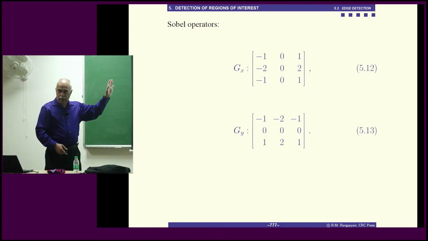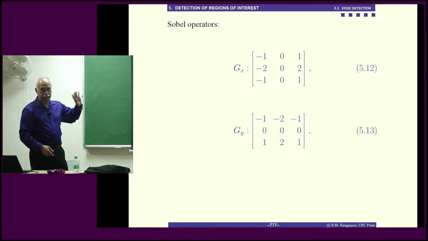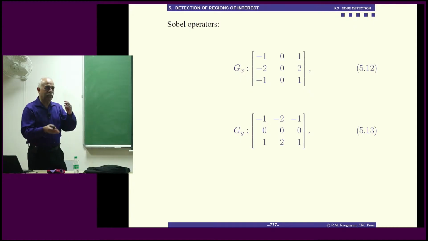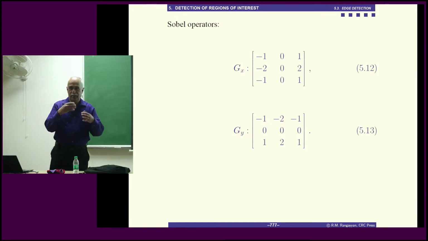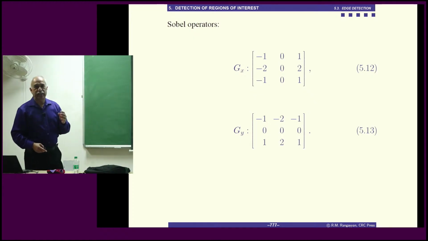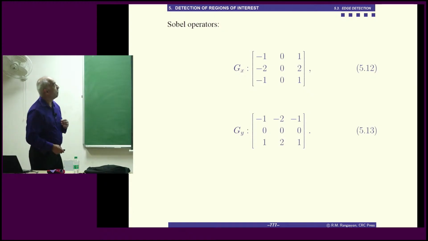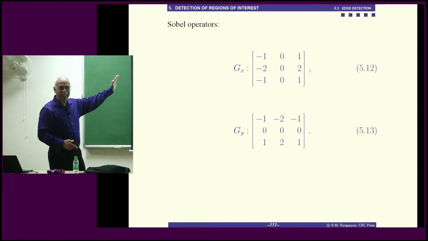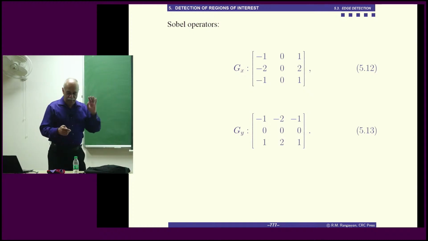Still, the total sum of the weights is 0. So that is the horizontal, vertical. Again, which is horizontal, vertical depends on your interpretation of this as matrix or array in the first quadrant. So that again is a simple modification of Prewitt, and we call it Sobel, and he gets the credit for that. Simple thing, but it's been done.